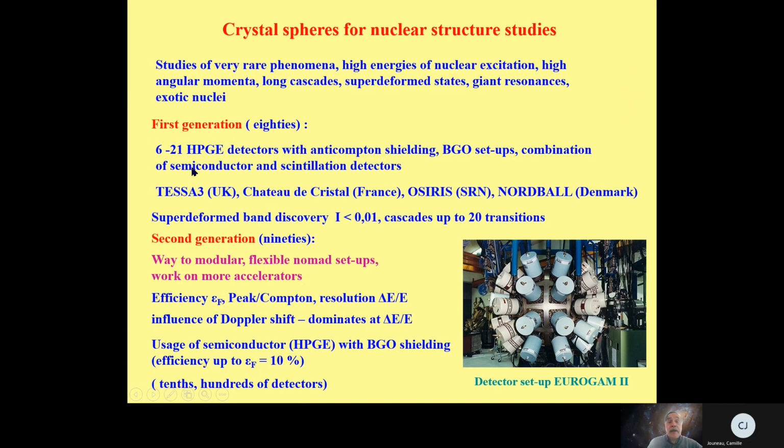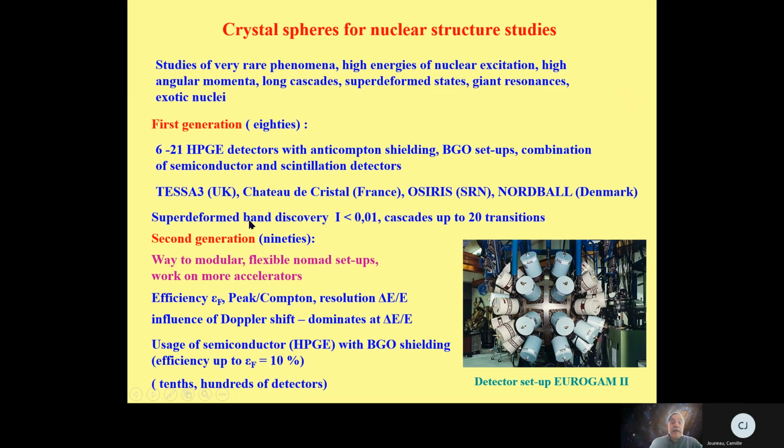In these systems, there were from 6 up to 20 semiconductor detectors with anti-Compton shielding and a set of different scintillation detectors, a combination of semiconductor and scintillation detectors. Some examples of such systems are TESA 3, Chateau de Cristal, Osiris, Nordball.